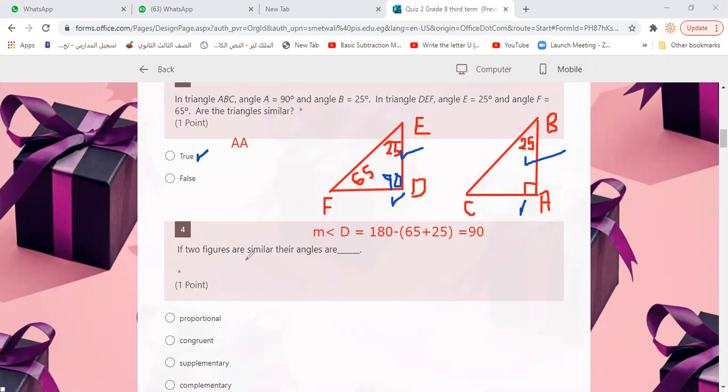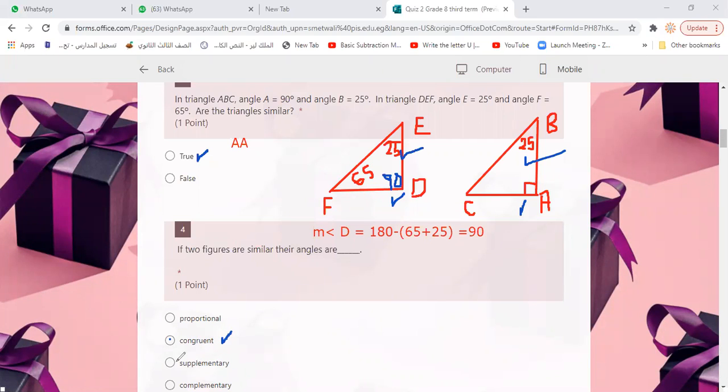Next question. If two figures are similar, their angles are. Their angles are proportional? It's impossible, because proportional describes the relation between sides. Their corresponding angles are congruent? Yes, it will be the right answer.